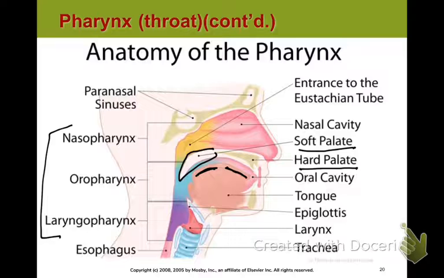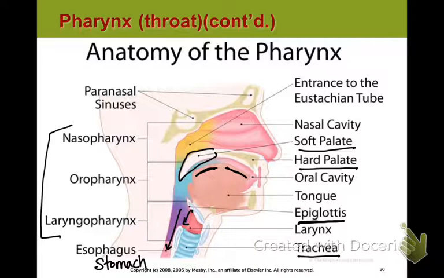Down here, we have a really important structure called the epiglottis. The epiglottis creates a protective flap that closes over the opening to your lungs, which is your trachea, so that when you're swallowing, it flips closed so that food goes down the esophagus and to the stomach.